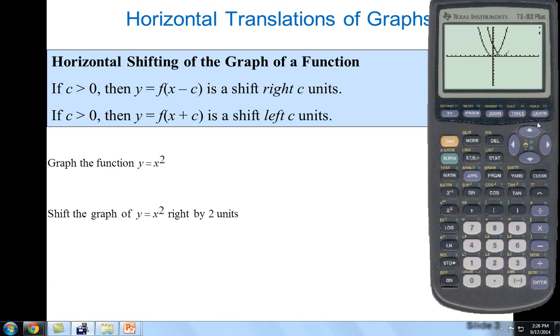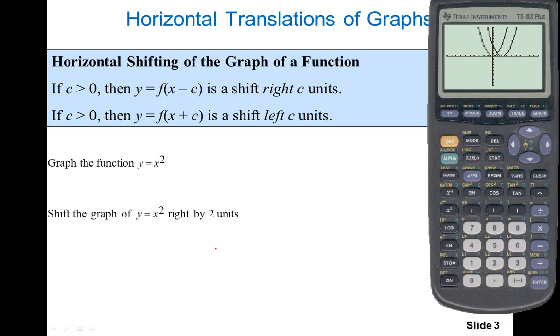And if we graph, notice that our graph is shifted to the right by a distance of 2 units. Therefore, our equation for the graph that's shifted to the right by 2 units is y is equal to x minus 2 quantity squared.